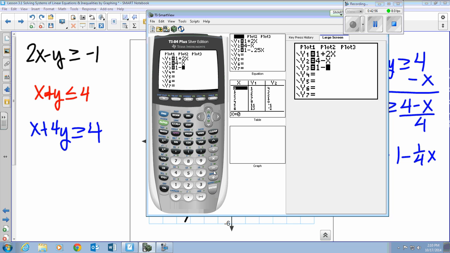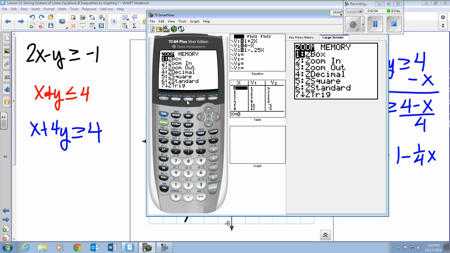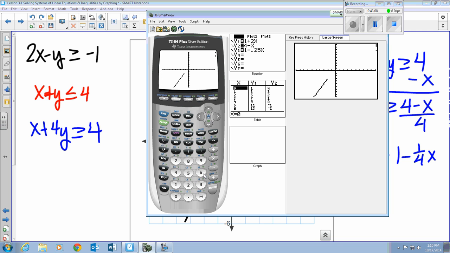So 1 minus 0.25x. All right, so when I go to graph these, first of all, I'm in a crazy window right now. So I'm going to click zoom, and I'm going to go to standard, my normal zoom window. So that's on my calculator 6. So there's one, there's another, there's another. So I can find the intersection of any 2 points using second trace.